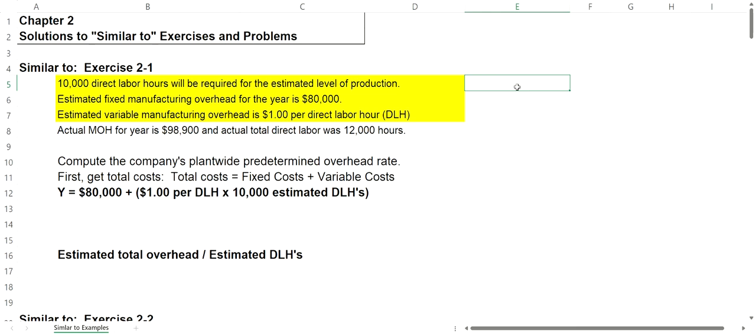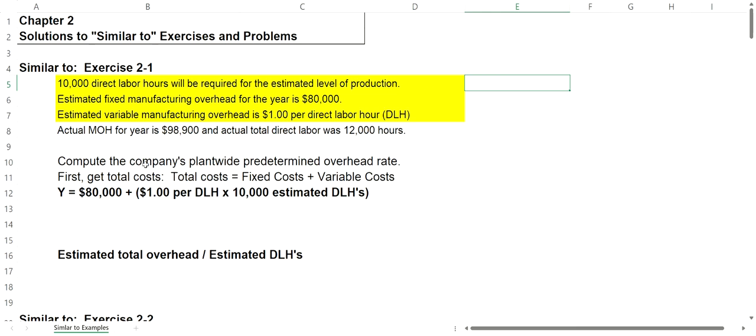Now, it also gives us that the actual manufacturing overhead cost for the year is 98,900, and actual total direct labor hours was 12,000 hours. We don't need any of those actual numbers in what I call step one in getting the plant-wide predetermined overhead rate.